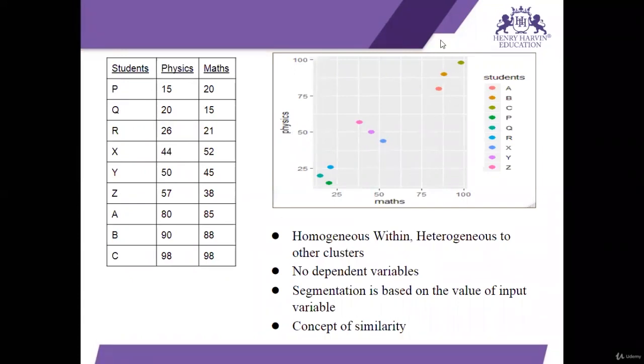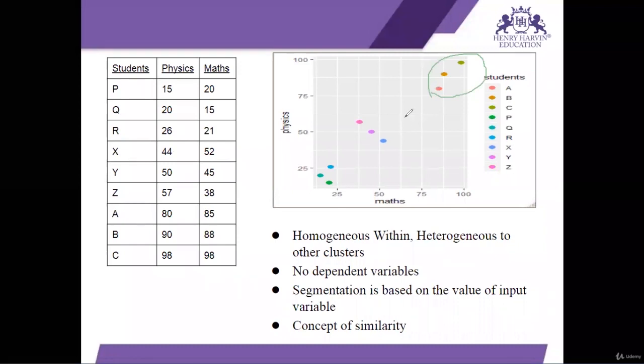So there are three groups formed: one is the ABC students, then PQR, and this is the XYZ students. So cluster analysis tells us the clusters should be homogeneous within and heterogeneous to other clusters, which means they should have similarities within the group, but there should be difference in comparison to the other group.